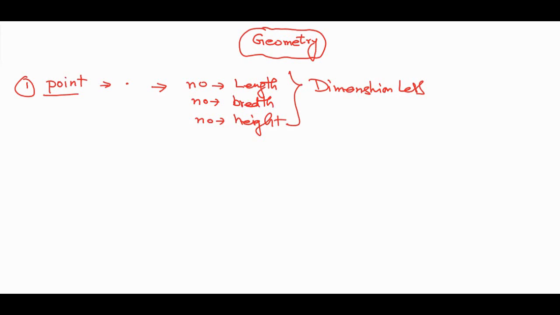Now the next thing is plane. Plane means like this. This is a page, and this is a plane. This is an example of plane.